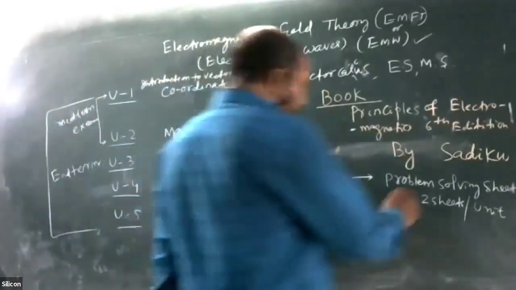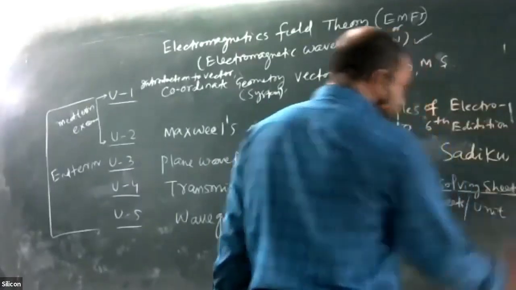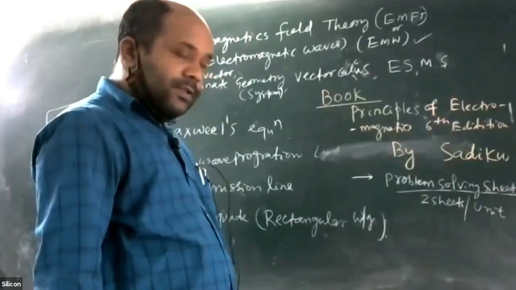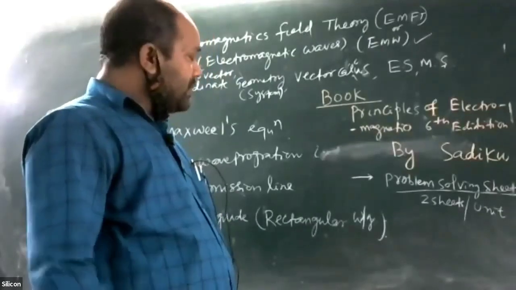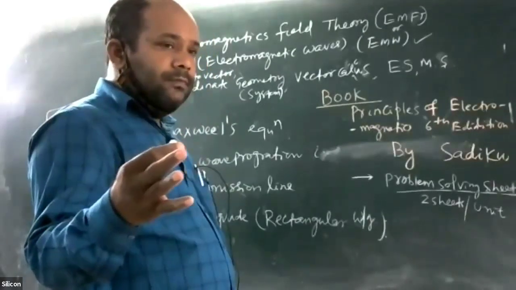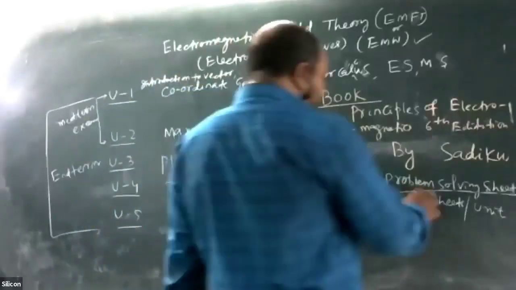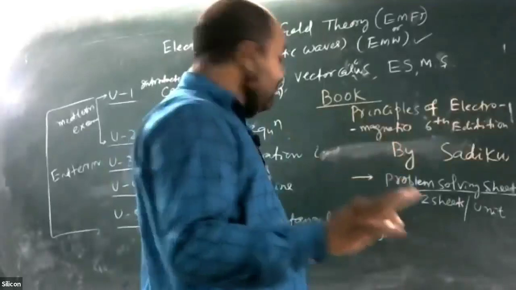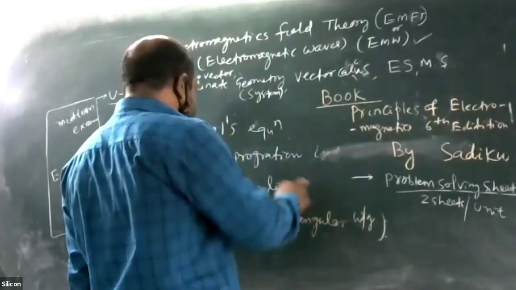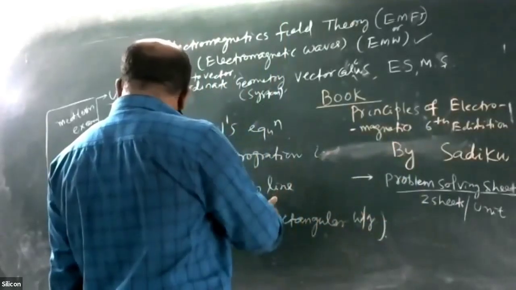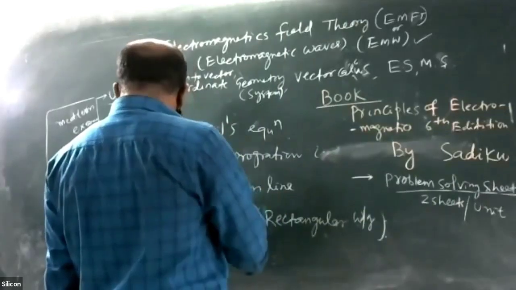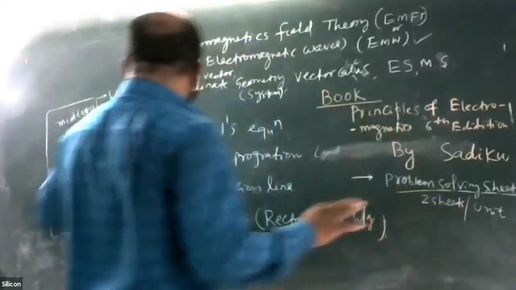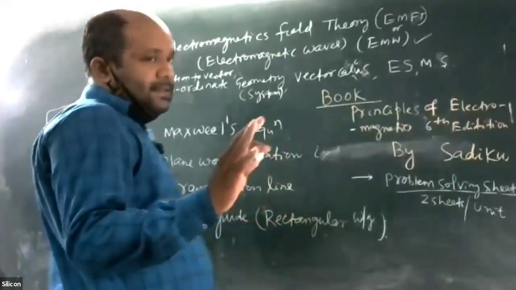In these sheets, you may get previous year GATE questions, previous year IES questions, and also some questions from different books. Unit 1 has 2 sheets, unit 2 has 2 sheets, unit 3 has 2 sheets, unit 4 also 2 sheets, but for unit 5 I will make 1 sheet. In total, 9 sheets.